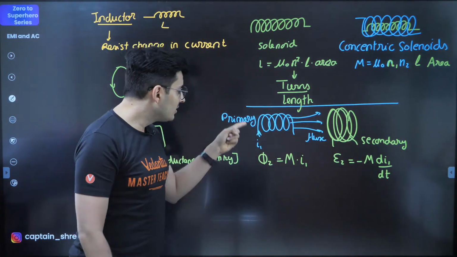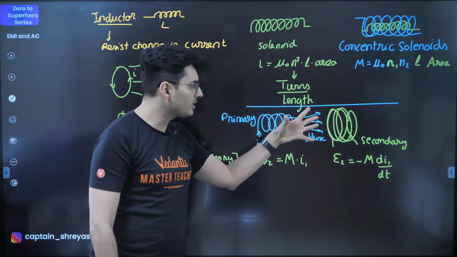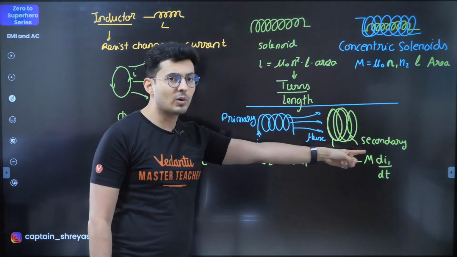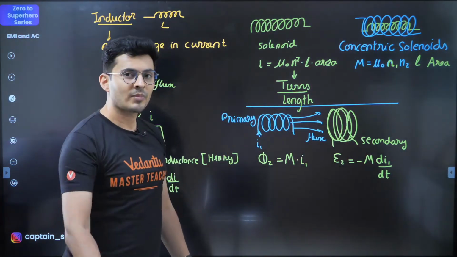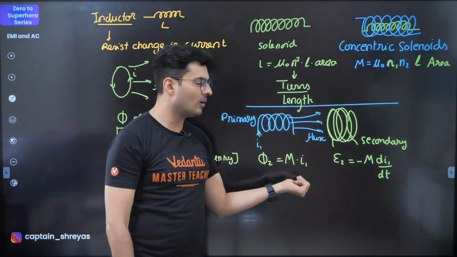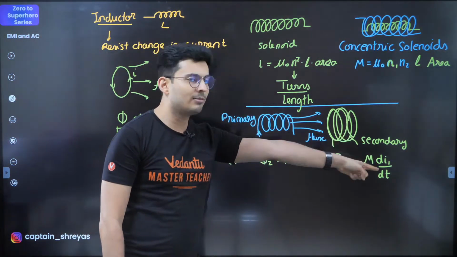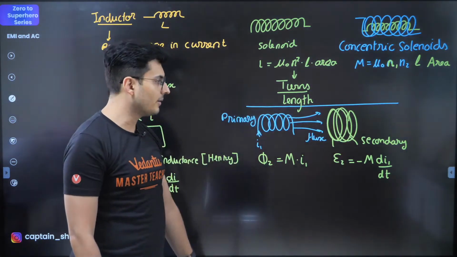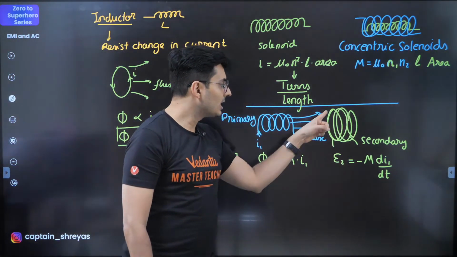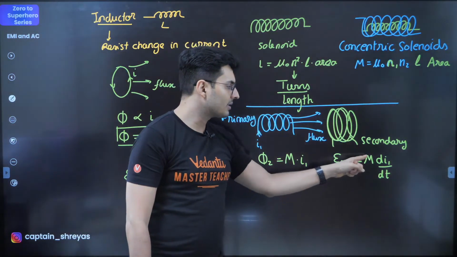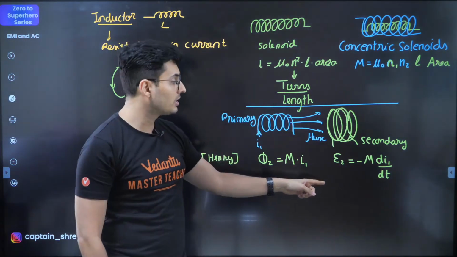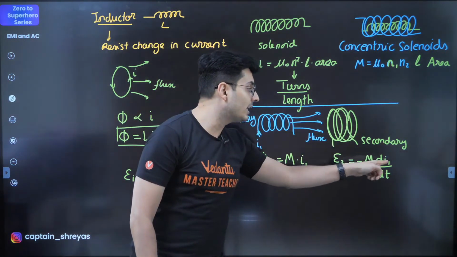The moment this current changes, this flux changes, the flux through the secondary coil changes, EMF is created. And this EMF, according to Faraday's law, again is M di by dt, but notice over here, EMF in the secondary is M, which is the mutual inductance coefficient, into di1 by dt.